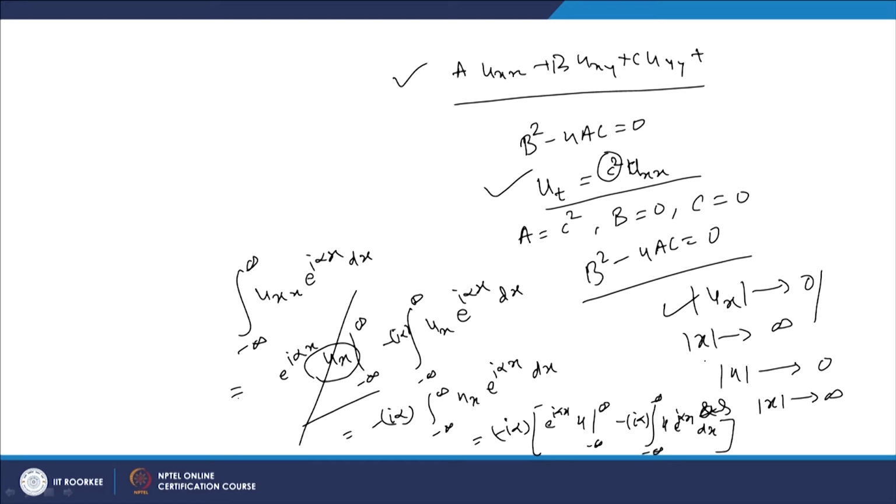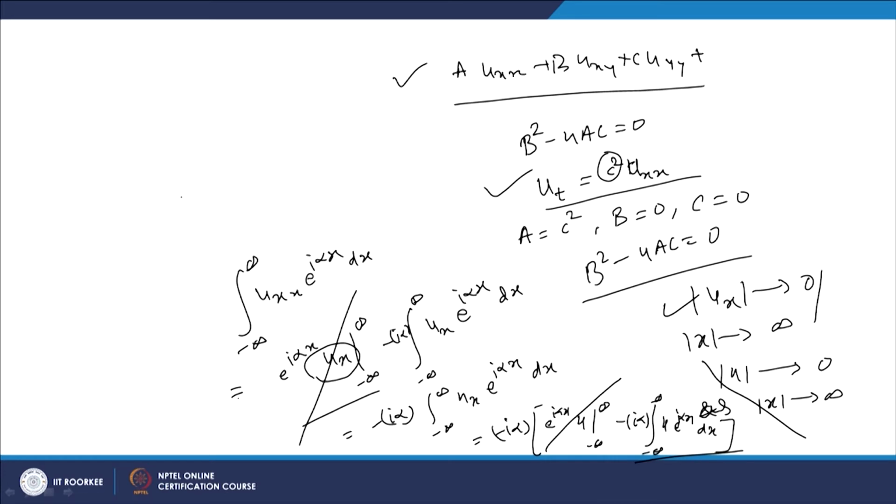Again we use the same thing, that u is tending to 0 as mod of x tends to infinity, so this will simply vanish. What you will have is minus I alpha whole square times the integral from minus infinity to infinity of u e to power I alpha x dx, which is nothing but your u alpha t here.